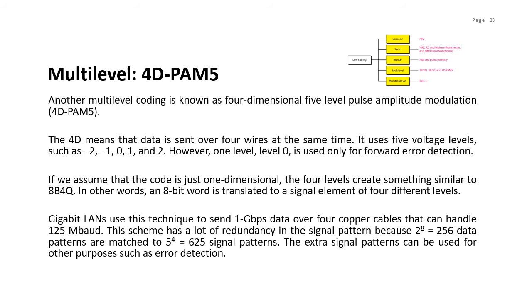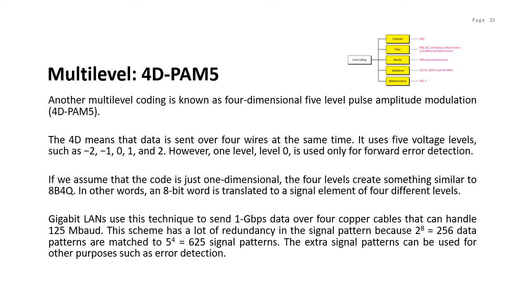The 4D-PAM5 technique is designed to send data over 4 channels or 4 wires, which means that the signal rate can be reduced to n over 8. Compared to n over 2 just now, this is a very significant achievement. So all 8 bits can be fed into the wires simultaneously and sent by using one single signal element.